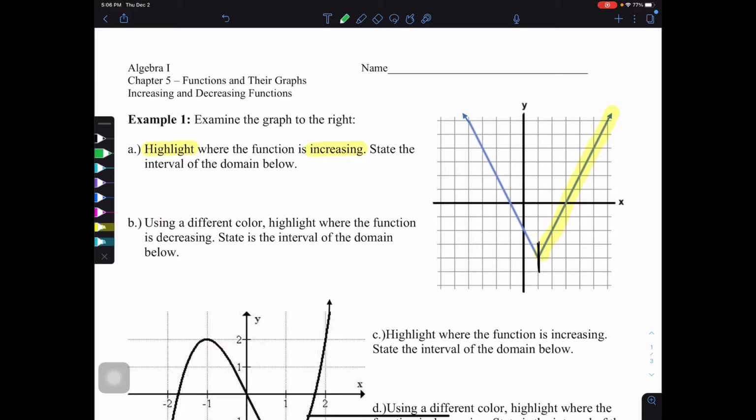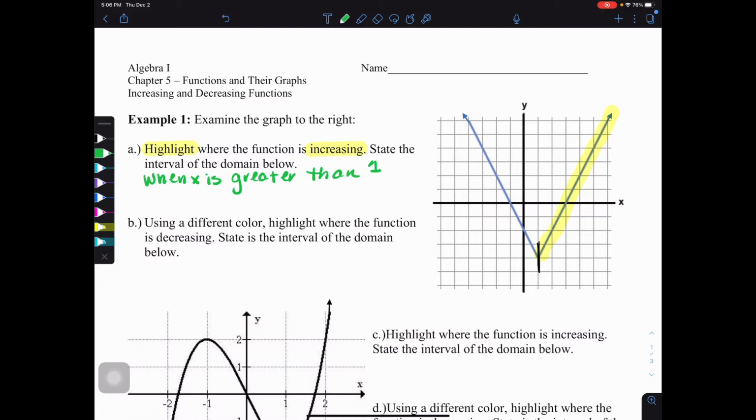Looking at the picture, if I was going to describe it verbally, I would say when x is greater than 1. Now, we are not going to include the number 1 because any of those turning points or spots do not count as part of the graph that's increasing or decreasing. So these are going to be open intervals. The number where it's changing is never going to count.